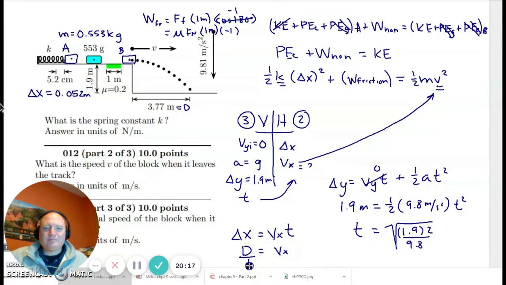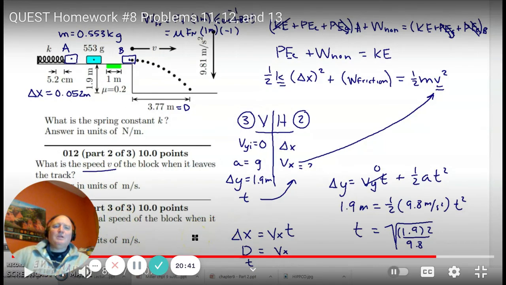So if you take that horizontal distance and divide by the time that you just calculated, you'll get that velocity, and you'll substitute that velocity back into this equation, and you have everything else that you can solve for K. And then, in having done that, we also solved for the speed of the block when it left the track. So the last thing you need to solve for is the total speed of the block when it hits the ground. So I'm just going to stop right there. So that last one is just like an extra, hey, let's calculate something more.